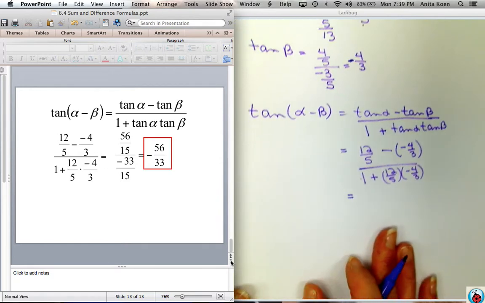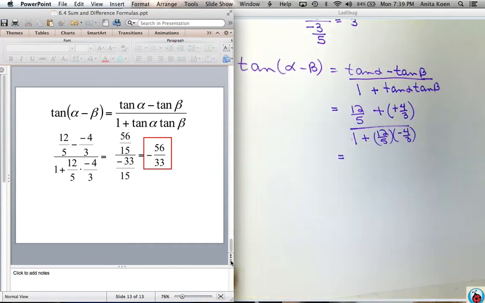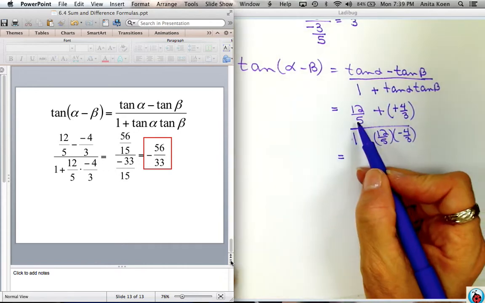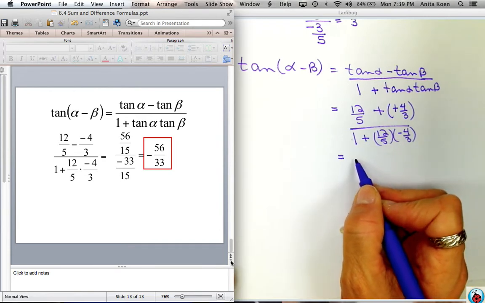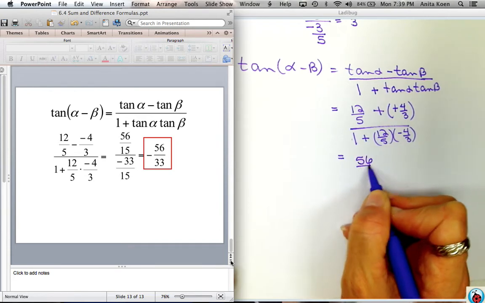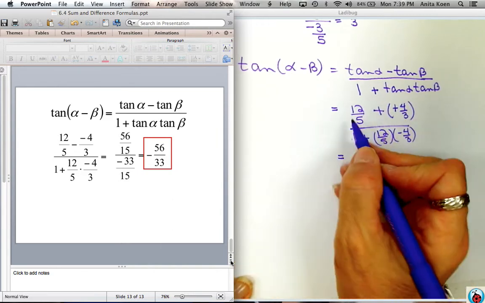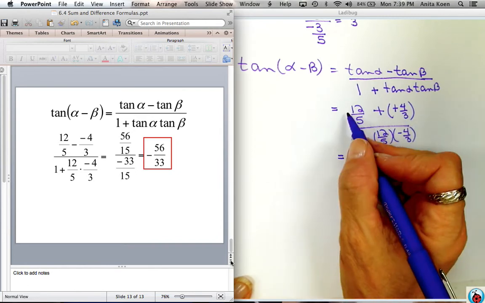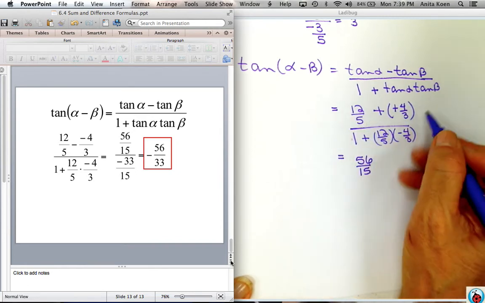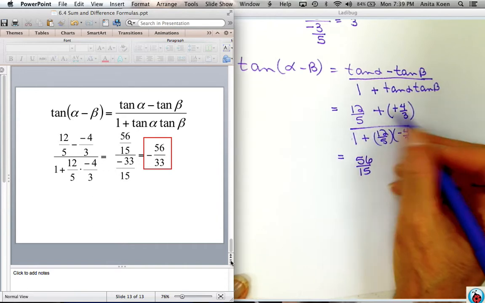Okay? And now we're going to go ahead and simplify that. So two negatives make a positive. If you find the common denominator here of 15, then you're going to end up with 56/15, because 12/5 is the same thing as 36/15 plus 20/15.